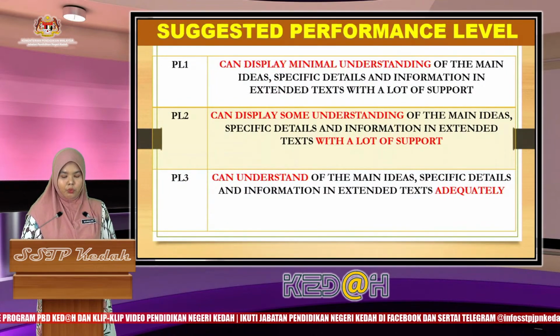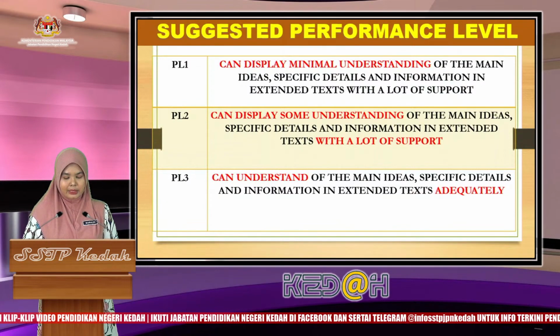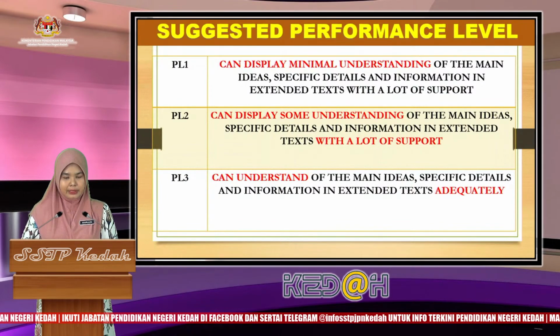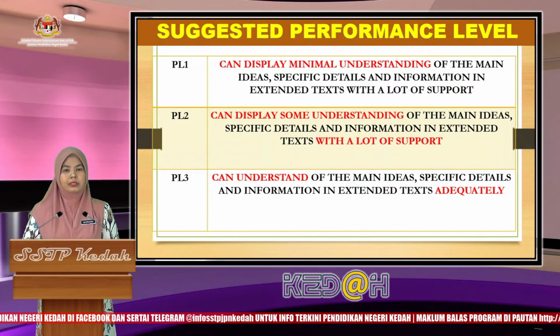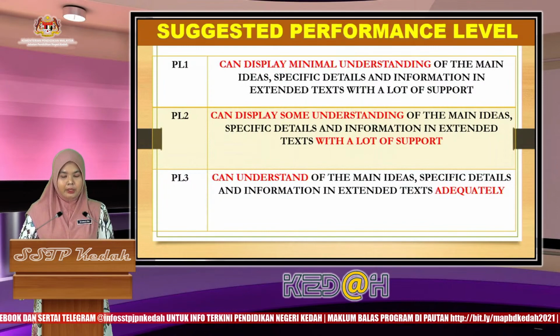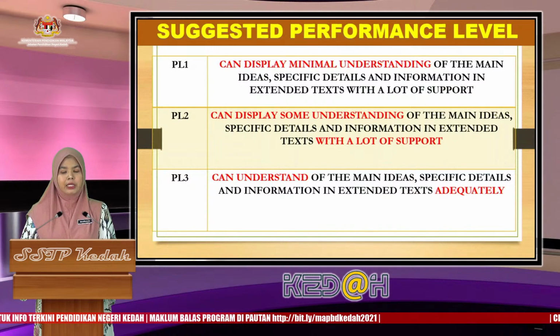In order to award the pupils with appropriate performance level, I will be observing their ability to complete the task. For performance level number 1, or in BM we say tahap penguasaan 1, TP1. Here we can see if the student can display minimal understanding of the main ideas, specific details, and information in extended text with a lot of support.